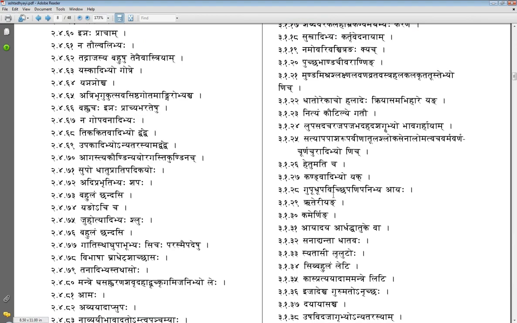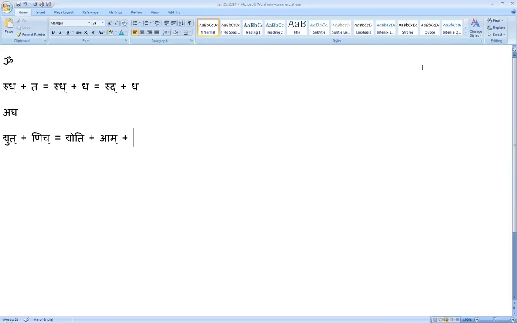In fact, this highlights one point, by the way. Between the Kashika and Bhattoji, about 800 years have gone by. Kashika was about 780, and Bhattoji came about 1600. So for us right now, the Siddhanta Kaumudi is really the text to go by. Because in between, the language may have changed slightly.